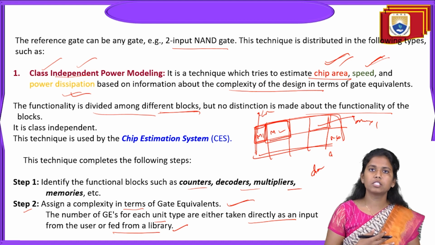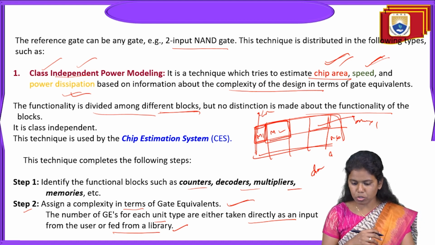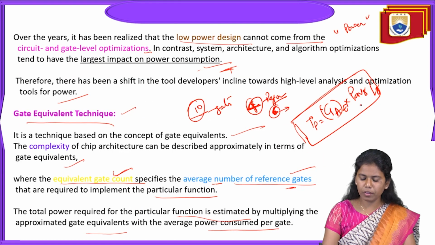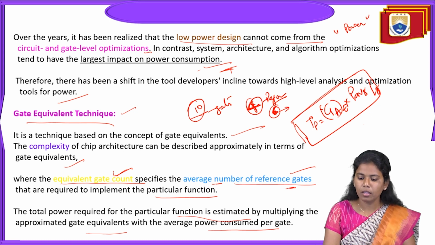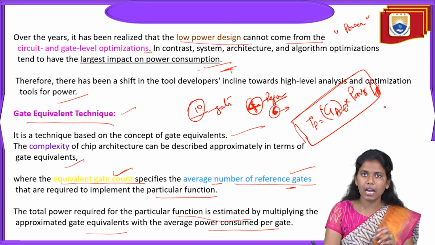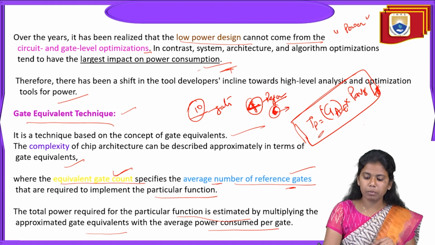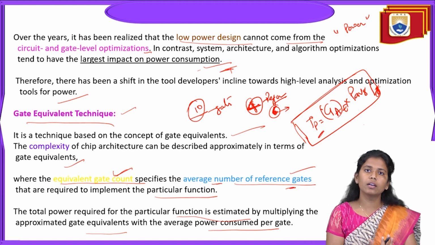So the total power estimation is the product of the gate equivalent count and the average power per gate. That is the total power.